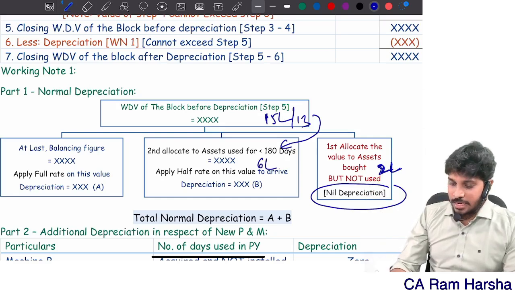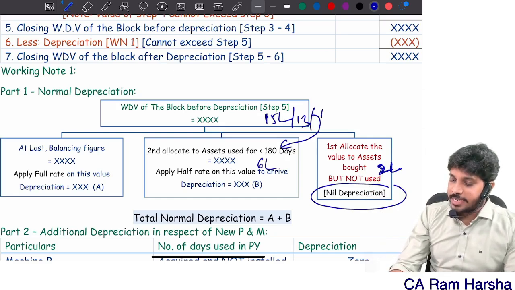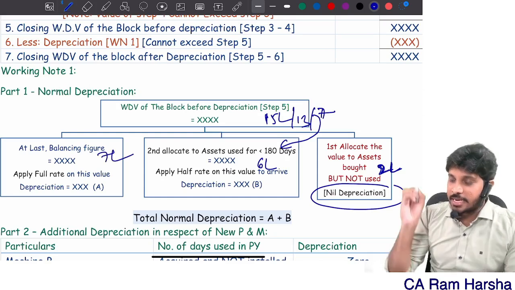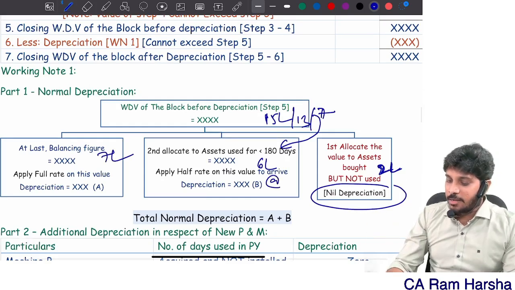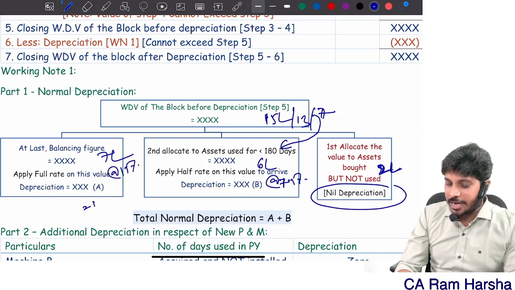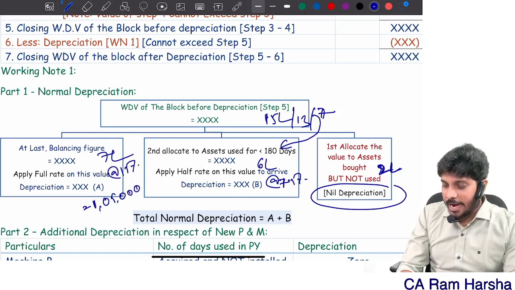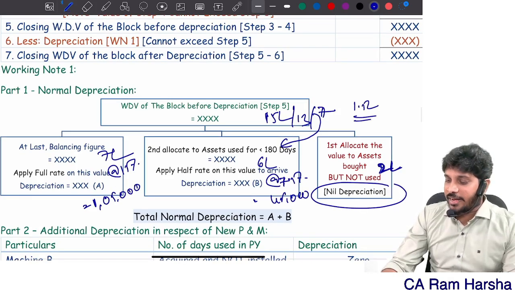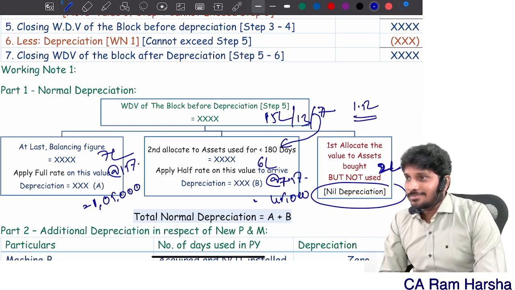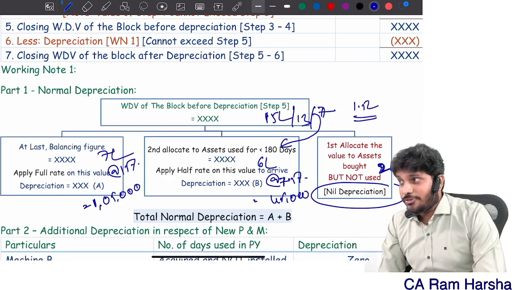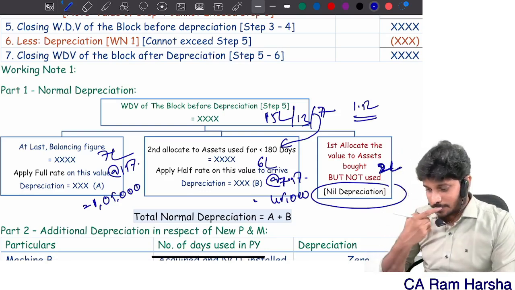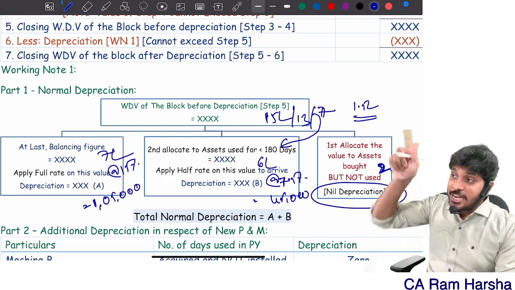Balance after allocating 6 is 7 lakh. 7 lakh I'll allocate here. Now 6 lakh multiplied by 7.5%, 7 lakh multiplied by 15%. That is 45,000 and 1 lakh 5,000. Total answer 1.5 lakh. Fantastic. Understood the logic? All of you? Clear?